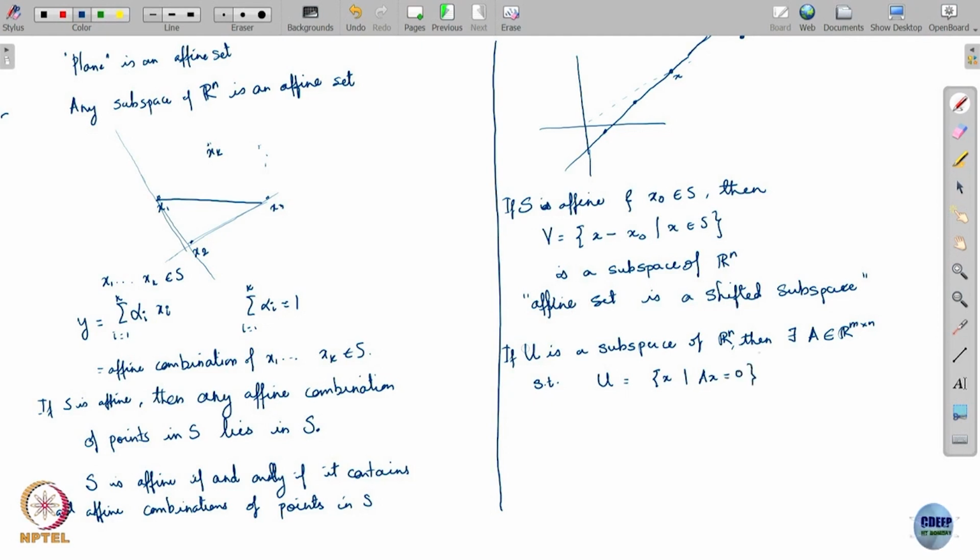So, U is the set of solutions of the equation Ax equals 0, right. You can always find such a matrix.